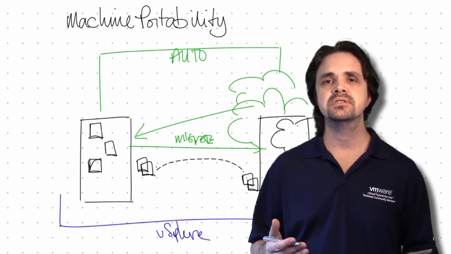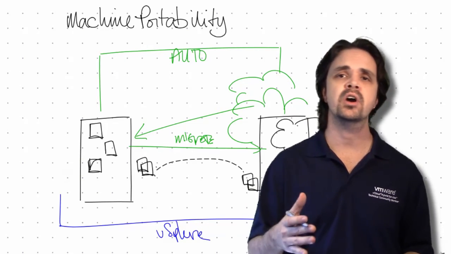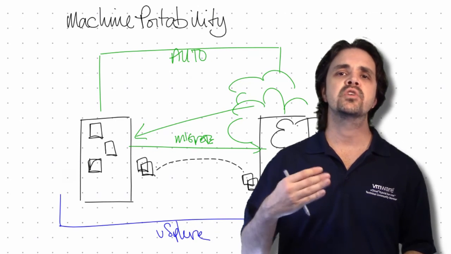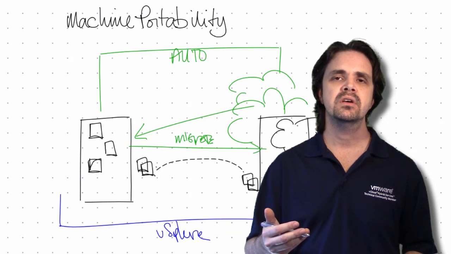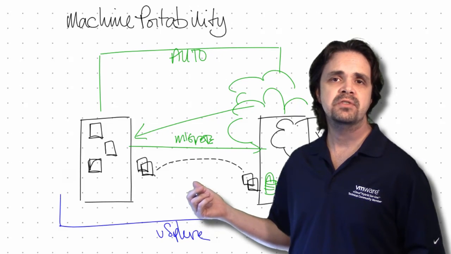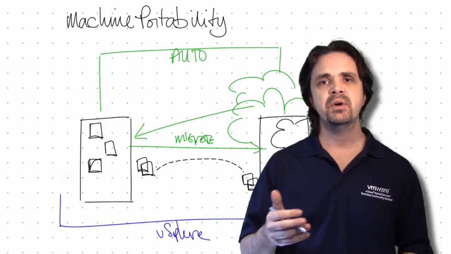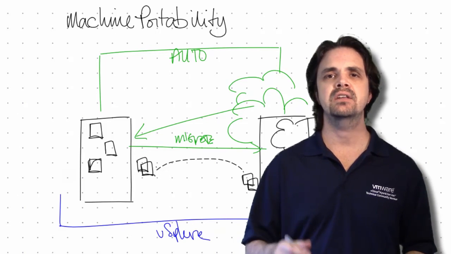Meaning that customers, and by customers could be users, could be people in other departments, anyone that's accessing your resources, can request resources and then have those resources provided to them based upon policy in either the physical data center or the cloud. All based upon what's going to be most cost efficient, what's most performant inside of that solution.